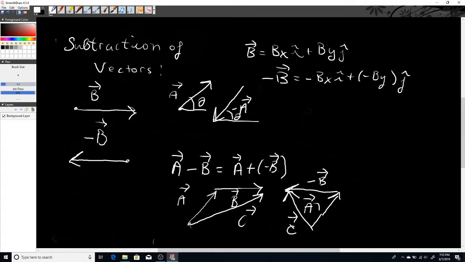It's not terribly different than addition. It's pretty much the same exact thing. But you have to make sure that you're respecting the notations.